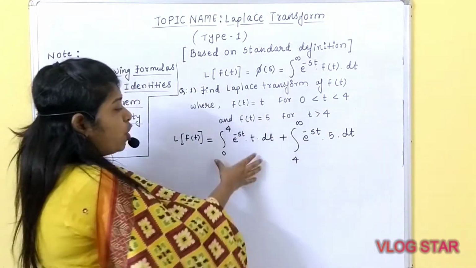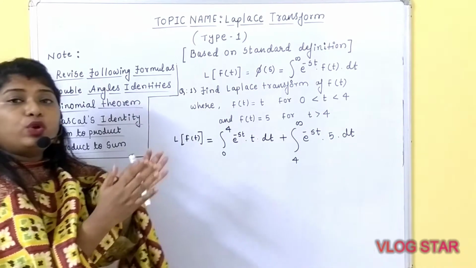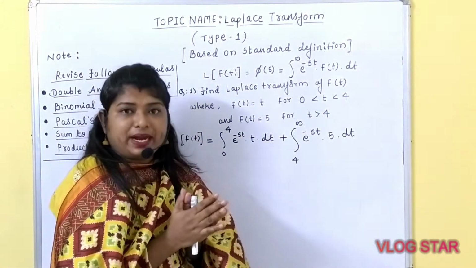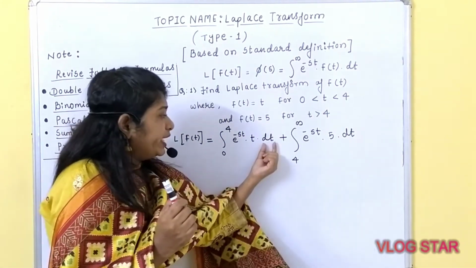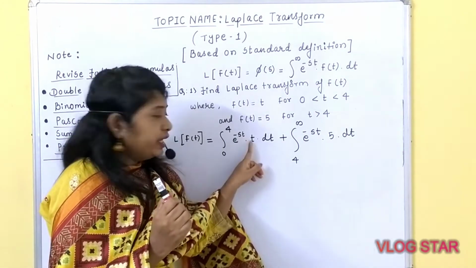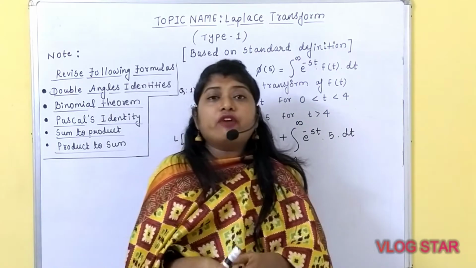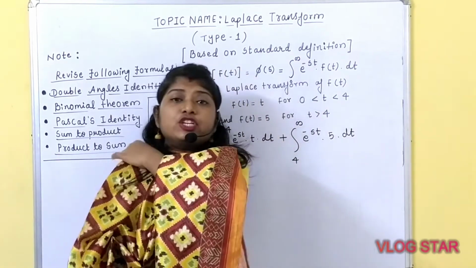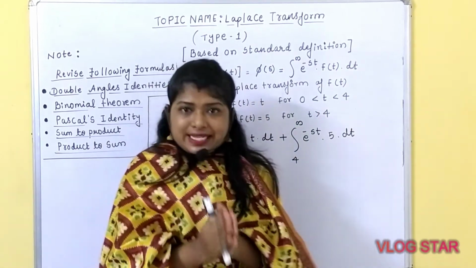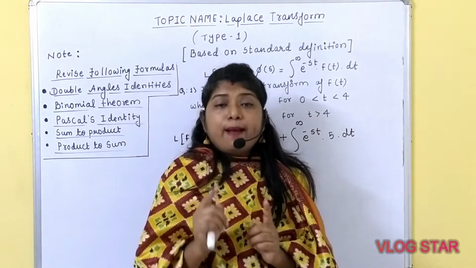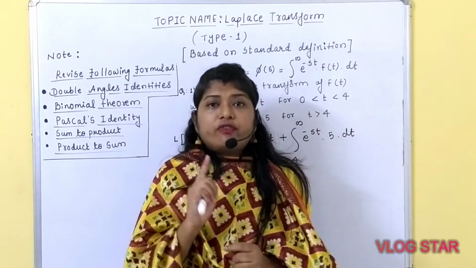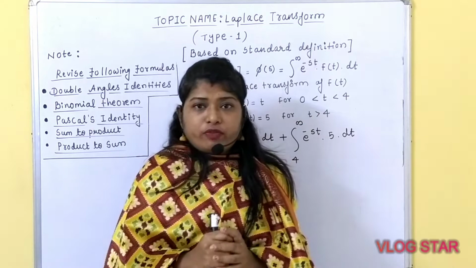Next is what? If you observe carefully, you have to perform integration by parts. With respect to dt, here t is there, here also t is there. So can you just recollect integration of u dot v? What is integration of u dot v? U as it is, integration of v, minus integration of v into derivative of u.